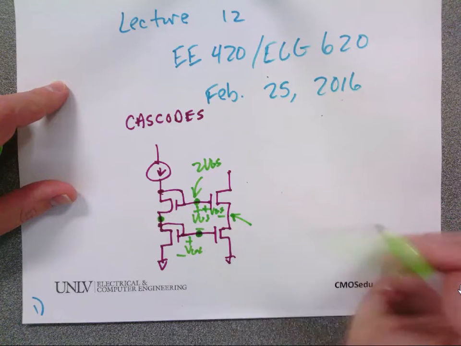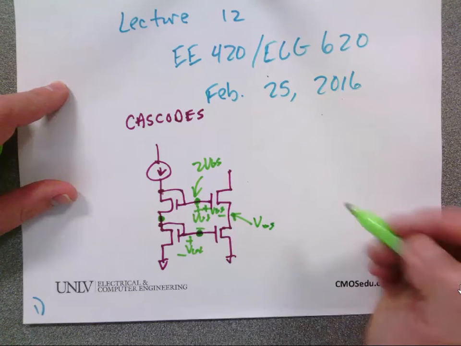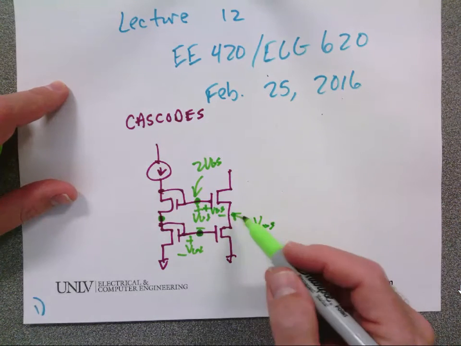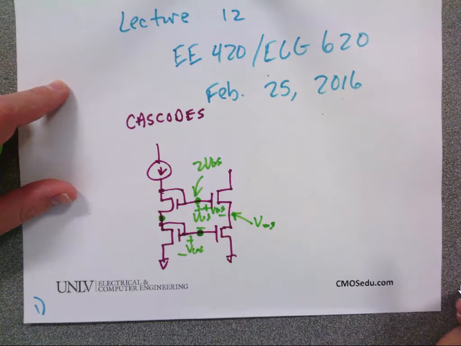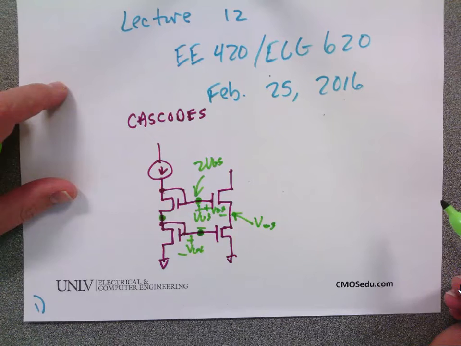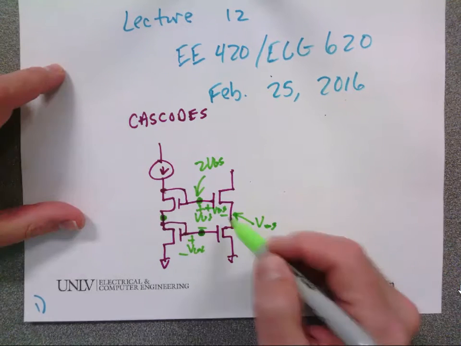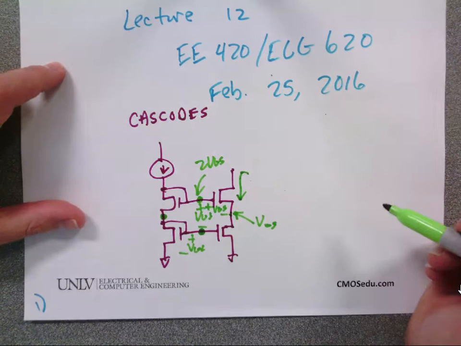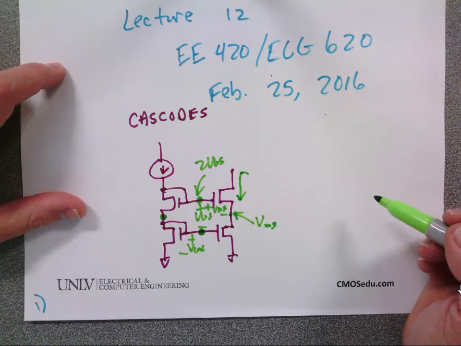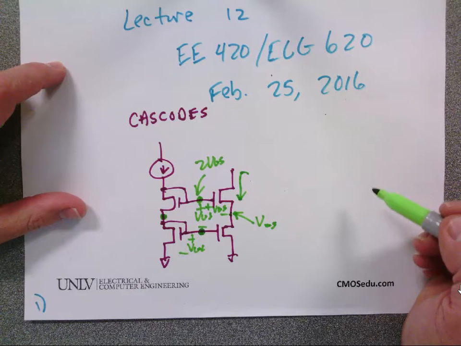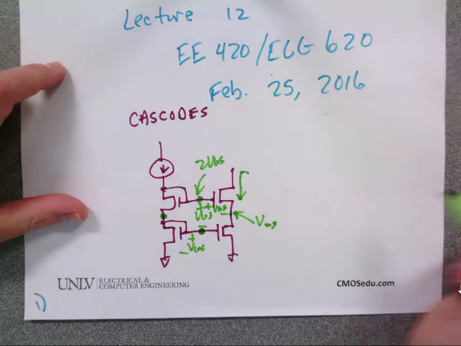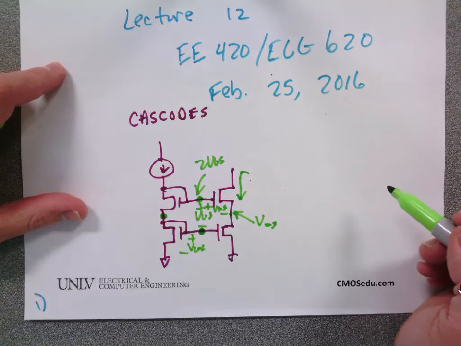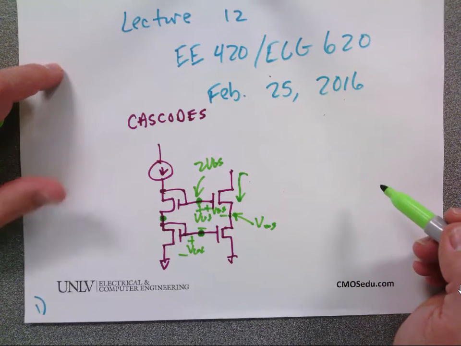VGS. Tell me how I could make it so this potential is not VGS. Just real simple. I'm assuming that my current sink is sinking a current, right? Does everybody follow? How do I make it so that's not VGS? I only ask super easy questions.